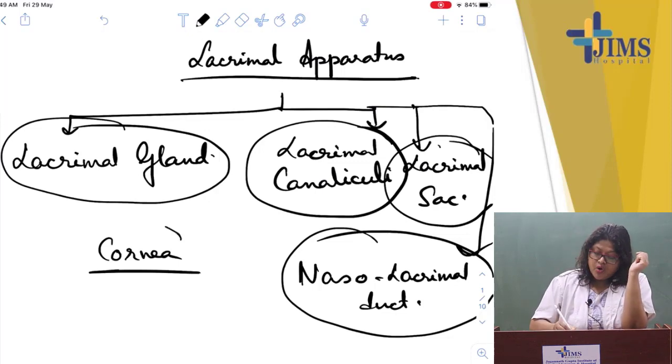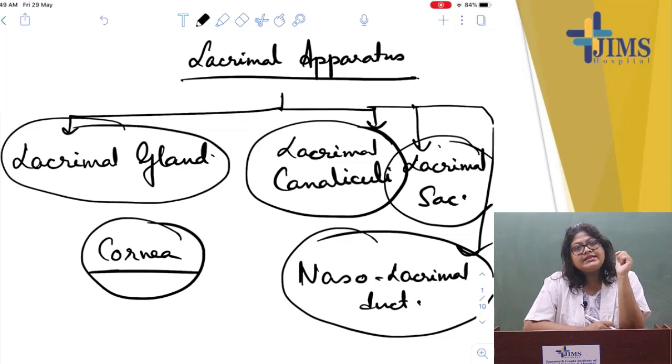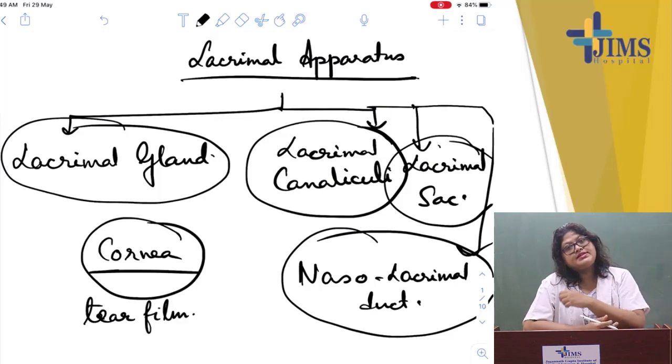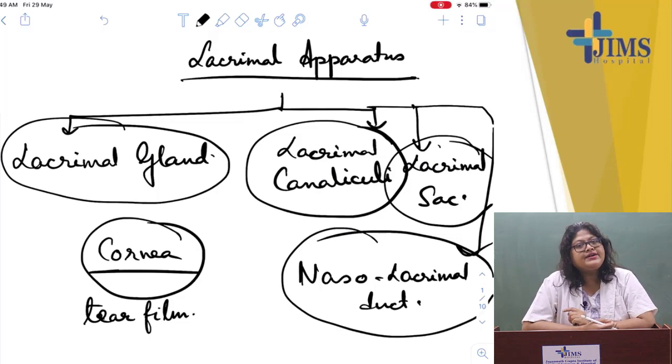So this cornea will need its nutrition and its oxygen. Where will it get it from? It will get it from the tear film that coats the outer surface. And this tear film is produced by the tear gland.